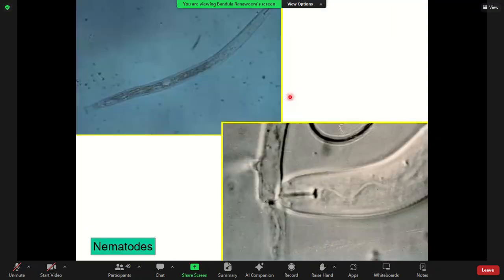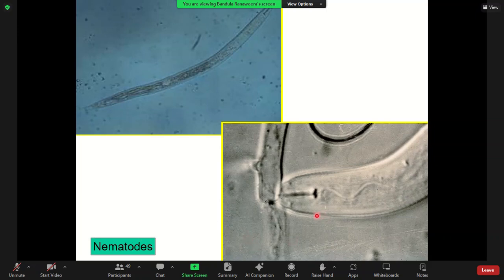Another group of organisms causing plant diseases are nematodes. Nematodes are relatively larger, with a more complex structure, worm-like organisms. Plant pathogenic means it is capable of causing a disease in plants.